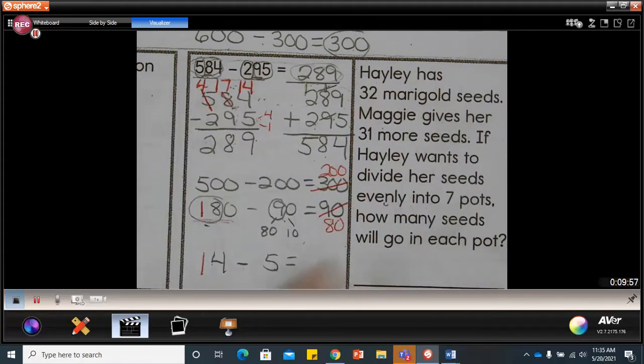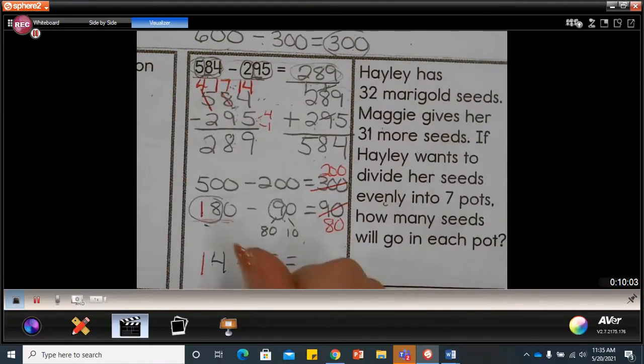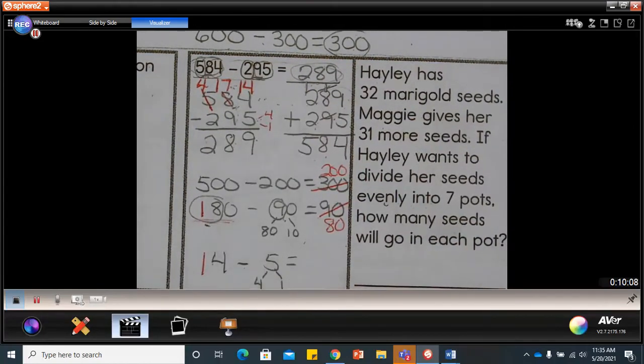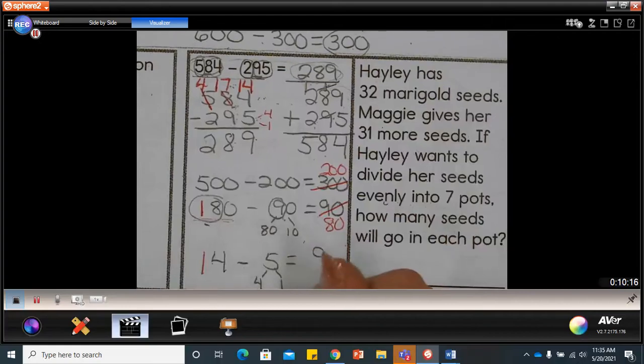So that's one less 10 here, and I'm going to use it here. Now, I could subtract 4 and 1. So if I subtract 4 from 14, that leaves me with 10. And then 1 more from 10 would make 9.